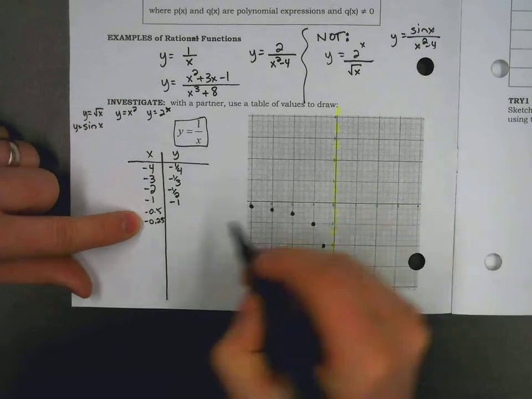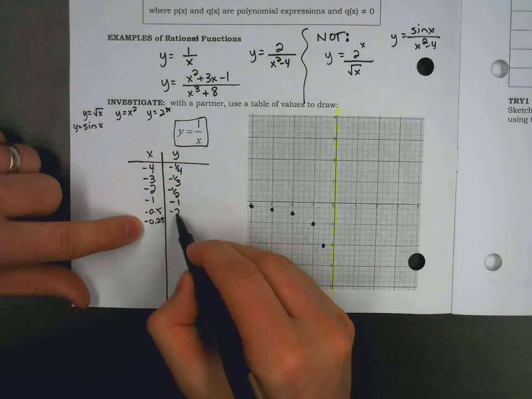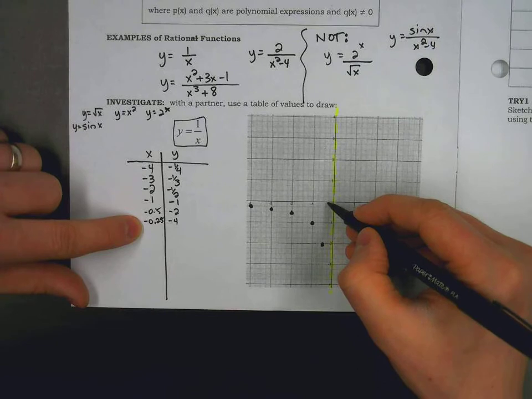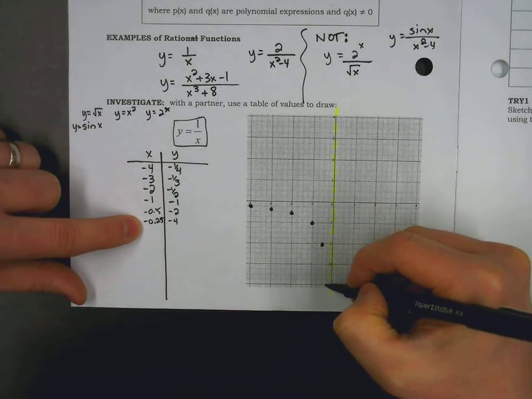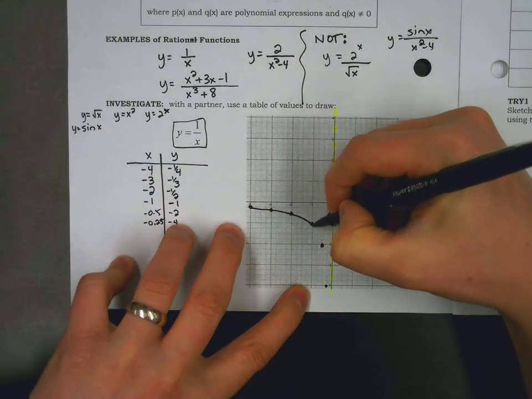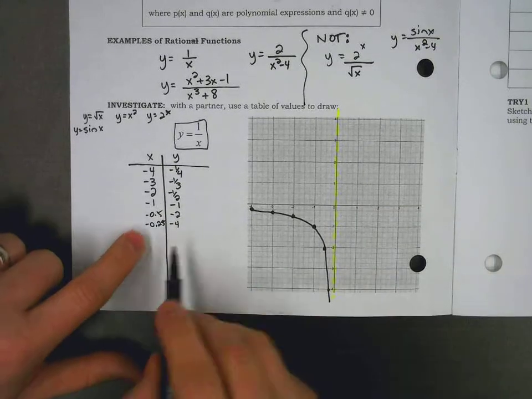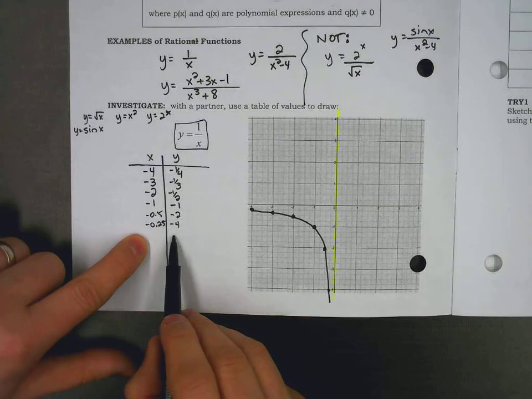If you plug in a -1/4, 1 divided by a -1/4 gives you a -4. So plug in a -1/4, out comes a -4. And all of a sudden, we've got this nice curve that starts to happen. In fact, if you imagine plugging in a -1/10, a -10 comes out.